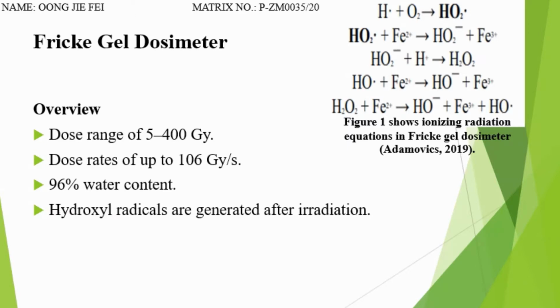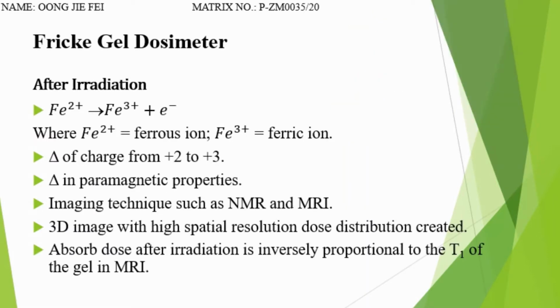The image on the top shows the equations of what occurs after the irradiation in the Fricke gel dosimeter. After the irradiation, the iron 2 ions are converted into iron 3 ions while emitting an electron, where iron 2 ion is the ferrous ion and iron 3 ion is called the ferric ion.